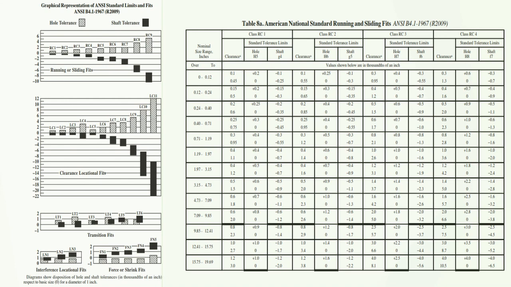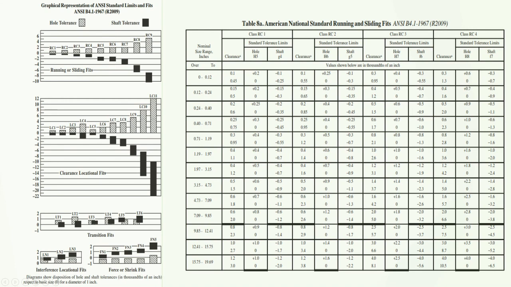When we define the limits and fits for this mechanism of cylinder and piston, the piston moves inside the cylinder, and we have to consider the air gap between the wall of the cylinder and the piston. For this air gap we have to try to achieve RC class 3, which is running and sliding fits, RC3 or RC4, and RC2 and RC3, and we end up with RC4 and RC5.